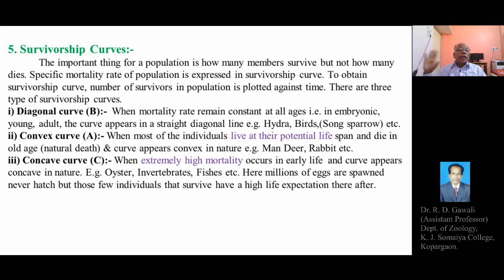That is the diagonal curve, convex curve, and the concave curve. The diagonal curve appears when the mortality rate remains constant at all ages, that is in embryonic, young, and adult, and the curve appears as a straight diagonal line. For example, in hydra or birds, etc.